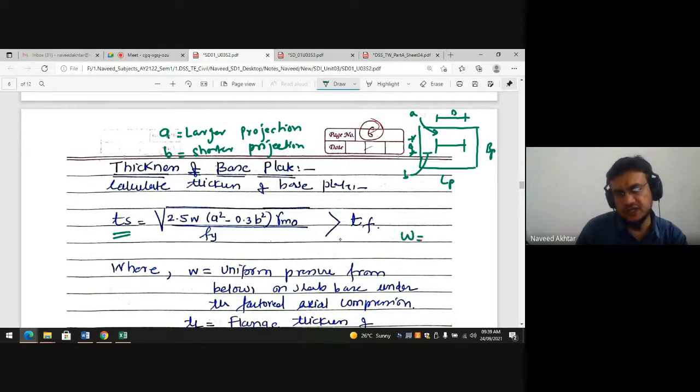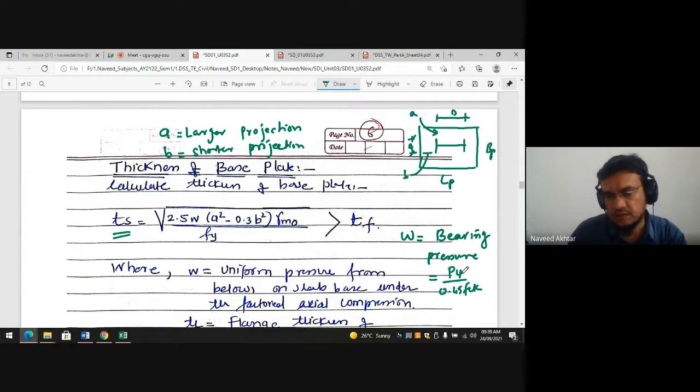W, where W is the bearing pressure you have to calculate. Pu upon FCK will give area.